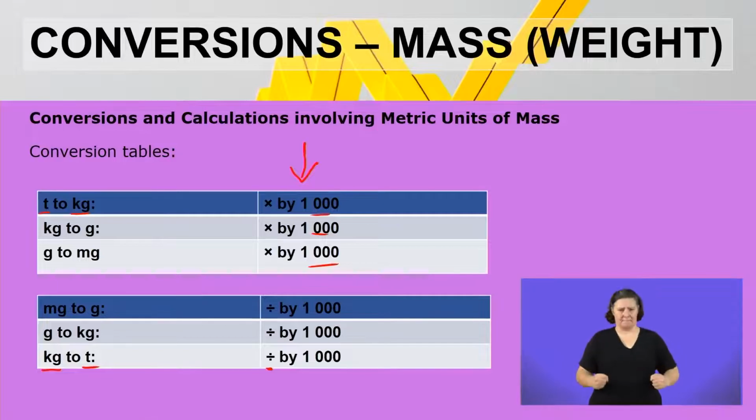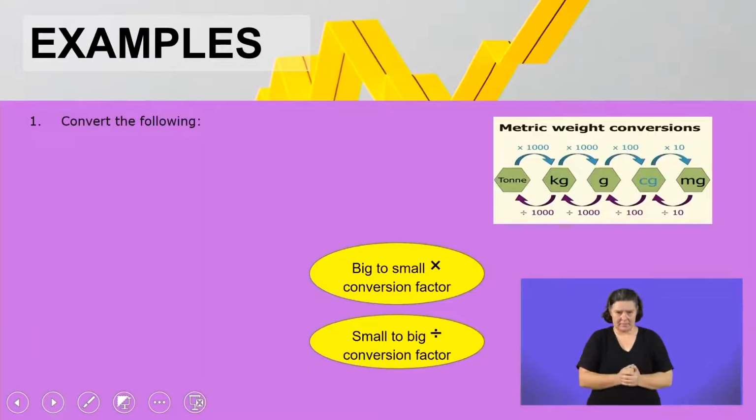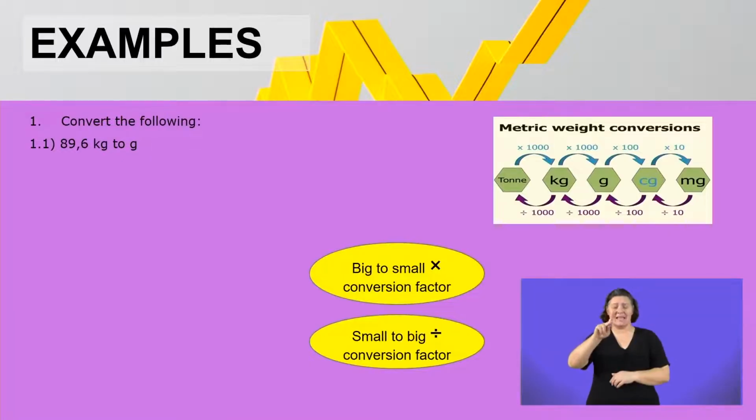Same principle applies. So let's quickly put that into context. Now I'm saying convert the following. Let's see what needs to be converted. I have 89,6 kilograms, and I must convert that to grams. Now look, I am at kilograms, I must move to grams. Right? Question 1, big to small or small to big? Kilograms definitely bigger than grams. So therefore, what will happen now?